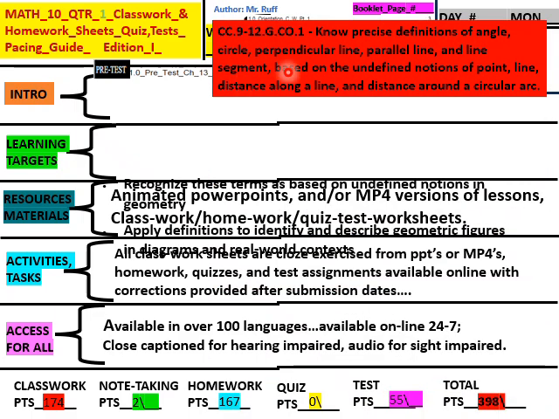The standards that we're concerned about when we start off are Common Core 9 through 12, G.CO.1: know precise definitions of angle, circle, perpendicular line, parallel line, and line segment based on the undefined notions of point, line, distance along a line, and distance around a circular arc.